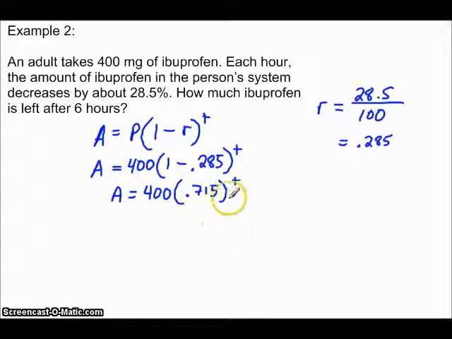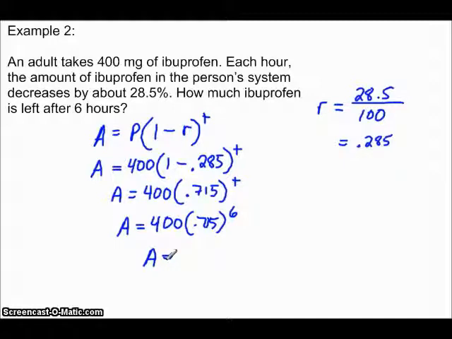And again, I like writing it this way first without the time in there, because I could fill in any number of hours in this case. But to solve this problem, I'm going to plug in the 6. It's 0.715 to the 6th. And take a second, plug this in. I'm going to do the same.